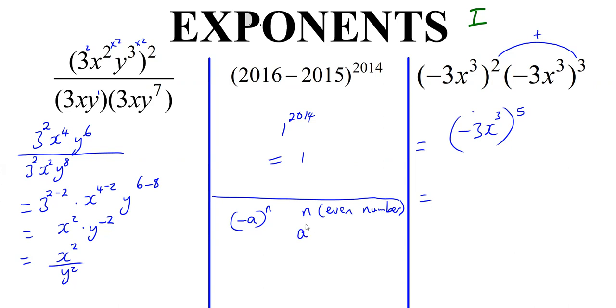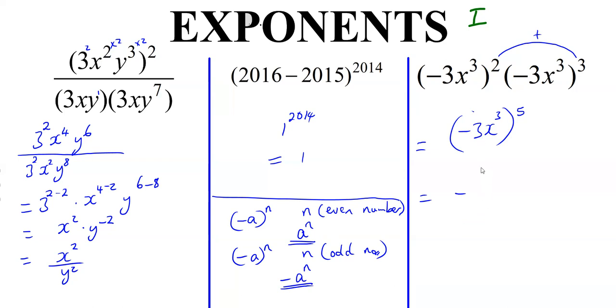It's going to be a to the power of n. The negative goes away. But if you have negative a to the power of n, and n is an odd number, then the negative remains. Can you see the difference here? Once it's an odd number, the negative remains in your answer.